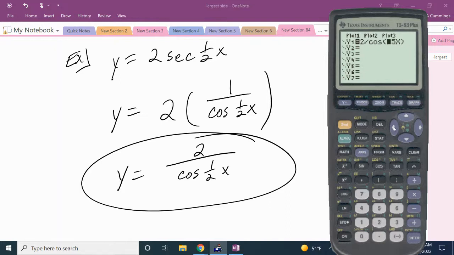I can also write it out as x divided by 2, because here again I can multiply x times the numerator only, and I can divide that by 2. So I'm going to leave this written as 2 divided by the cosine of x over 2. And now I'm simply going to hit graph. And thus we have the graph of 2 times secant of 1/2 x.